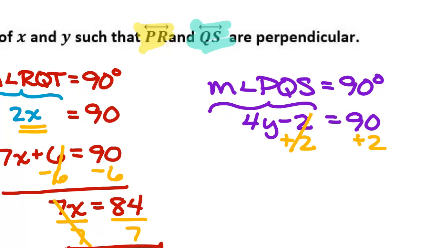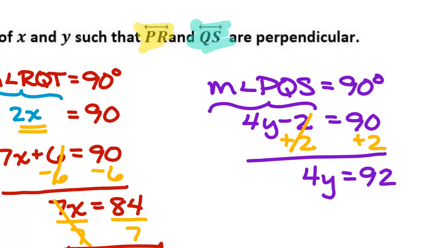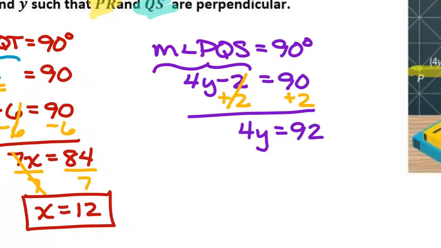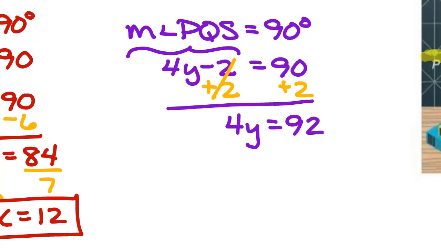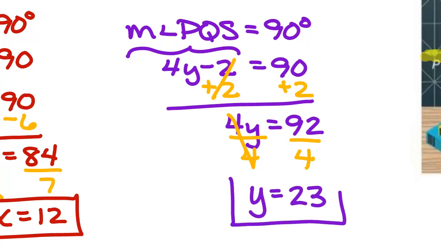I add 2 to both sides. I get 4y equals 92. We divide both sides by 4. What is 92 divided by 4? 23. Y is 23.